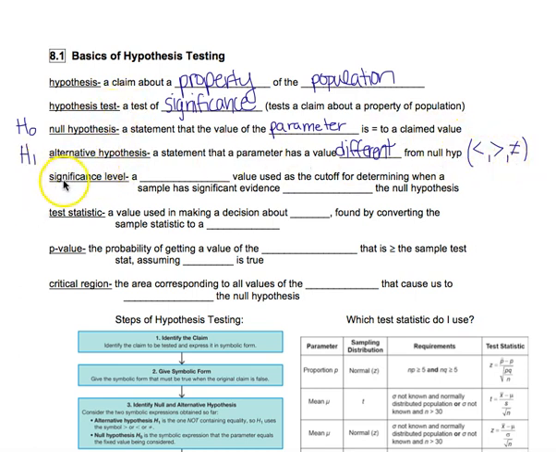Significance level is our alpha, and that is a probability value that's used as the cutoff for determining when a sample has significant evidence against the null hypothesis.